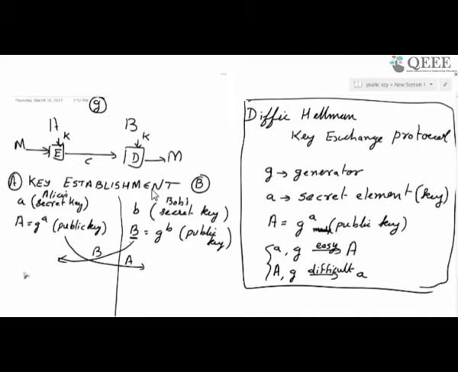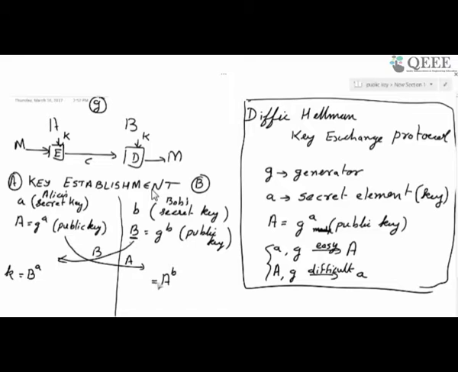Alice is going to take B and raise it to the power of her secret key a, to get what we call K. On the other side, Bob is going to take this capital A which is obtained and raise it to the power of b, his private key.